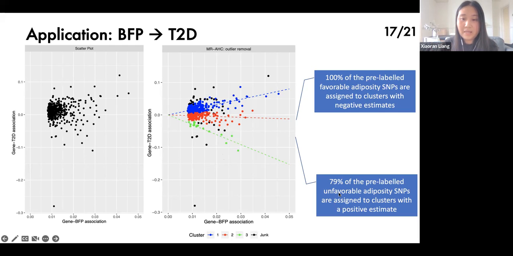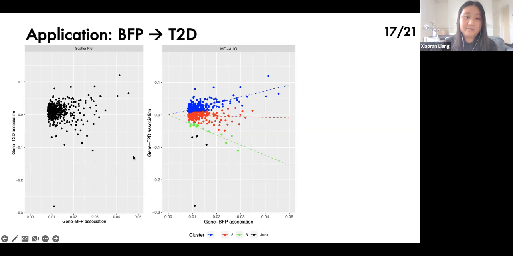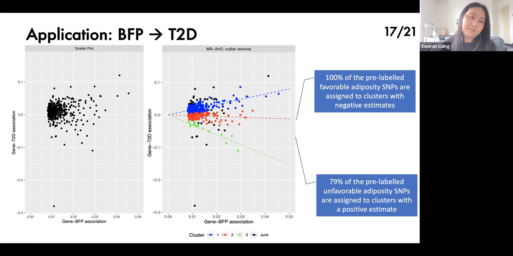And for those pre-labeled unfavorable SNPs, which are supposed to be associated with increasing risk of type 2 diabetes, 78 of those pre-labeled SNPs are assigned to the cluster with a positive estimate, which does indicate increasing risk of type 2 diabetes. So from these results, we can say that our conclusion is consistent with the findings in this paper, which can serve as a validation of the performance of our method.